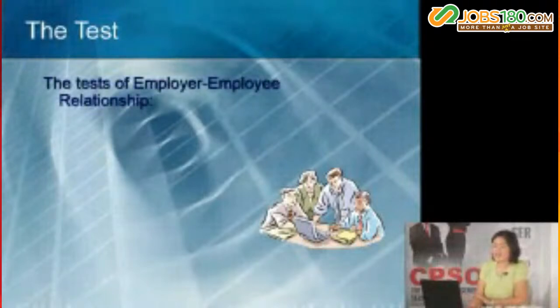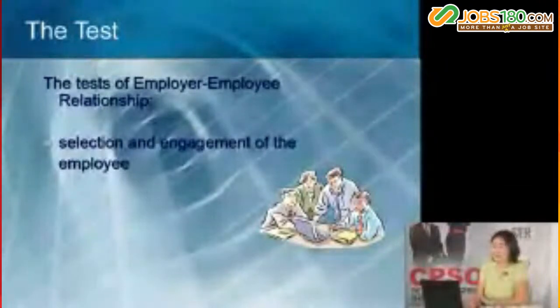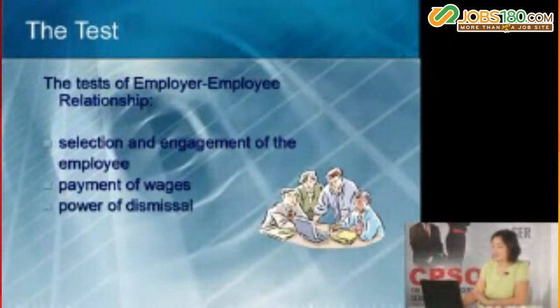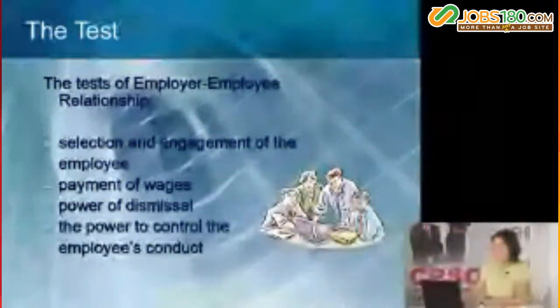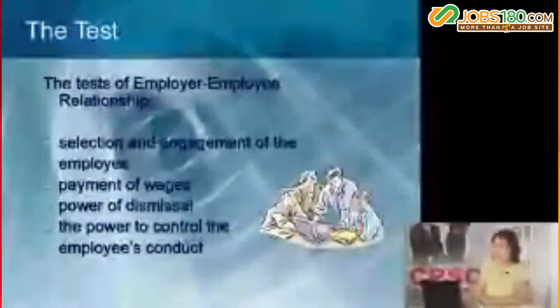Una is selection and engagement of the employee. Yan, dapat present yan. Pangalawa, payment of wages. Okay. Number 3 is power of dismissal or to impose disciplinary action sa isang empleyado. And the power to control the employee's conduct.